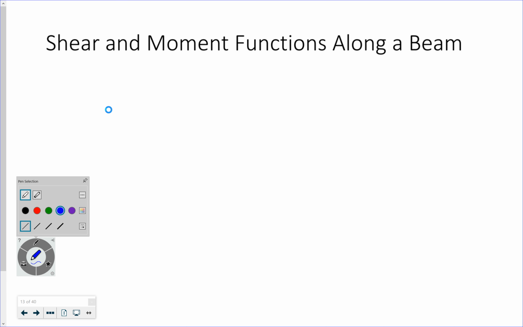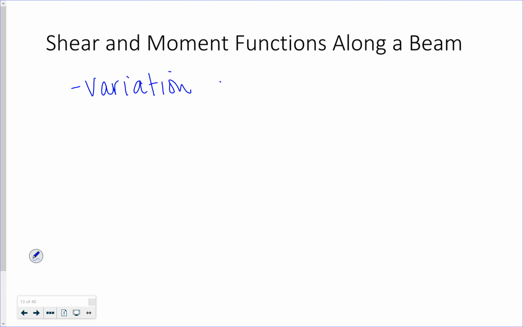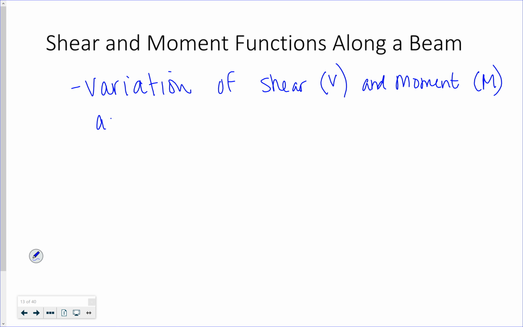So my shear and moment functions are defined as the variation of shear V and moment M as a function of x, where x is the distance along the length of the beam.